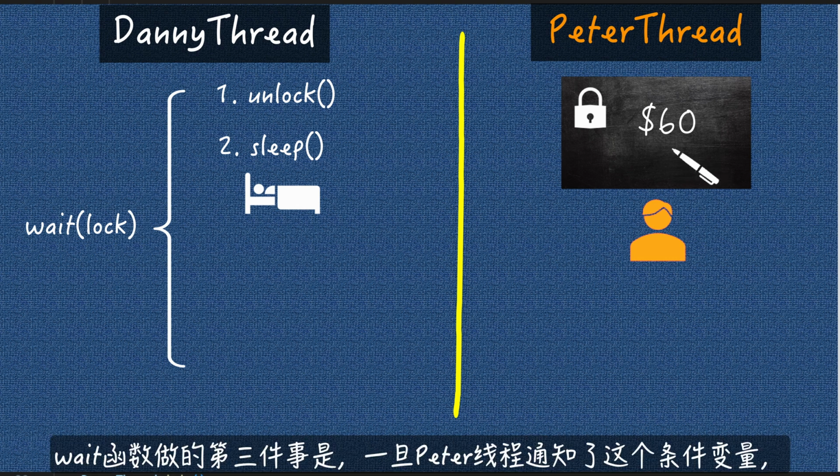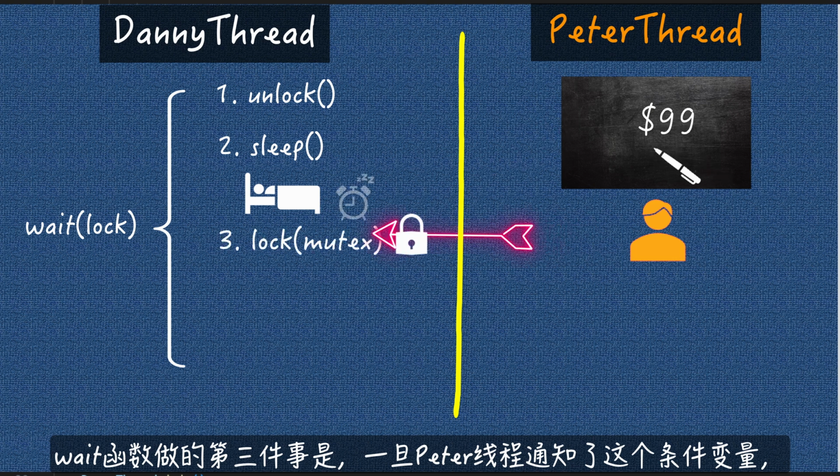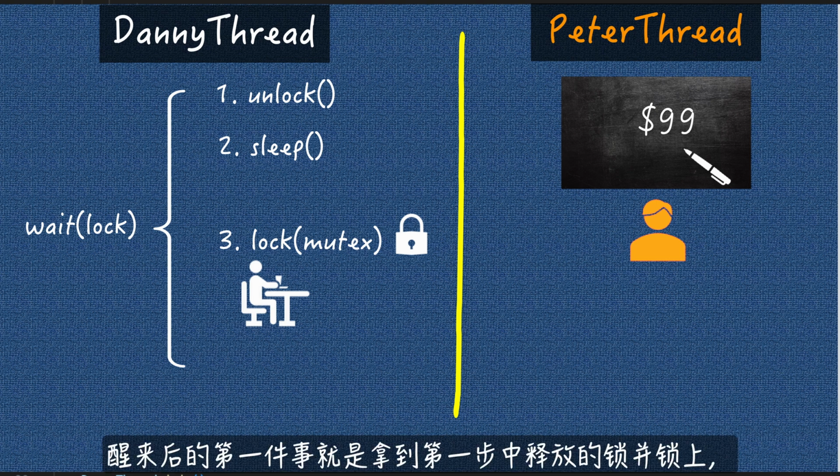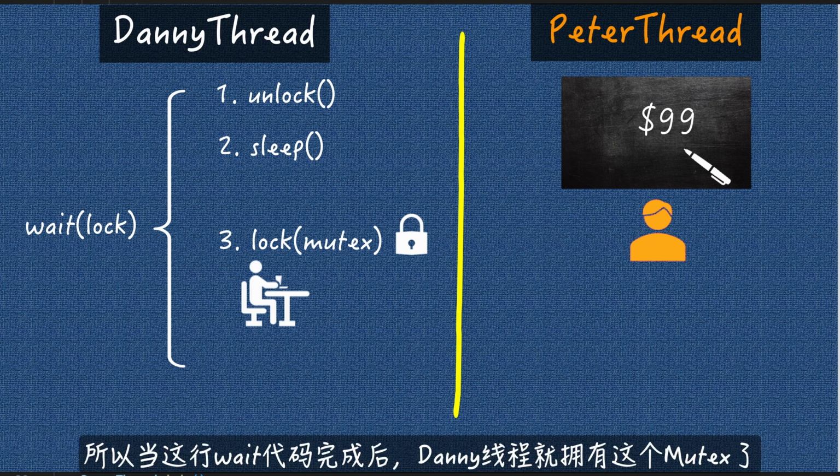And the third thing the wait function does is that once Peter notifies this condition, Danny's thread will wake up, and the first thing it does when it wakes up is to lock the mutex again, as in step one. So after this line of code finishes, or after we exit wait, the Danny thread has gained the lock of the mutex again.